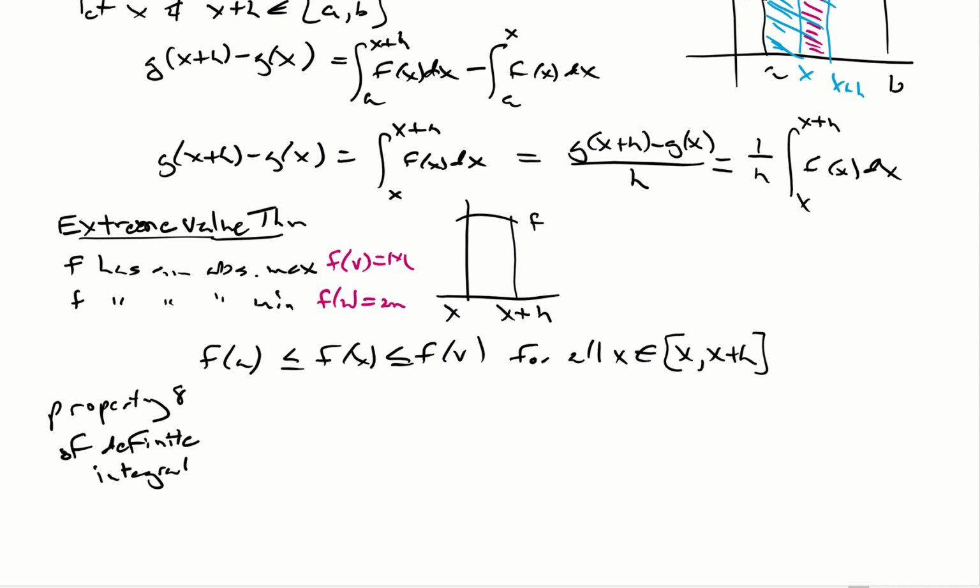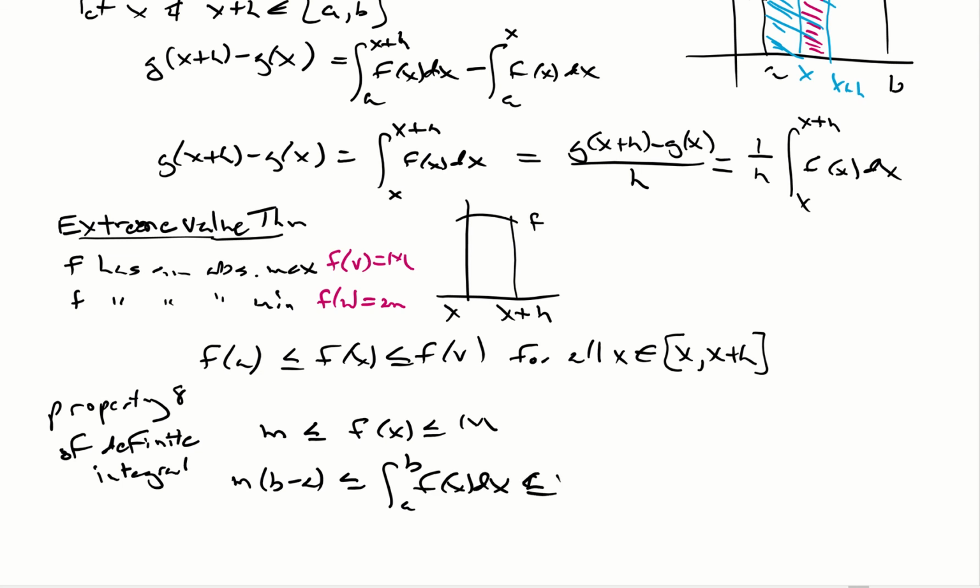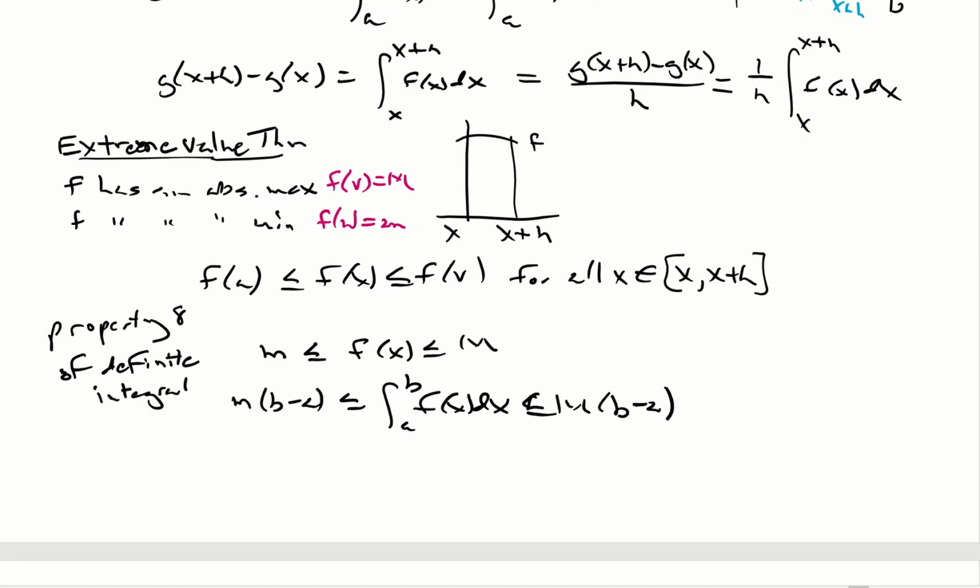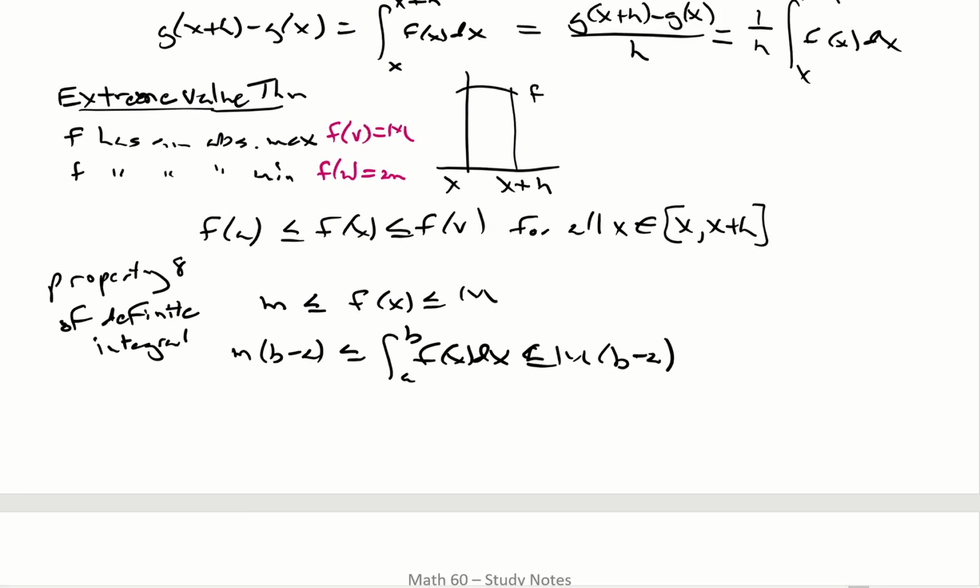Remember it goes something like this: little m less than or equal to f of x less than or equal to big M implies m times (b minus a) is less than or equal to the integral from a to b of f of x dx, which is less than or equal to capital M times (b minus a).